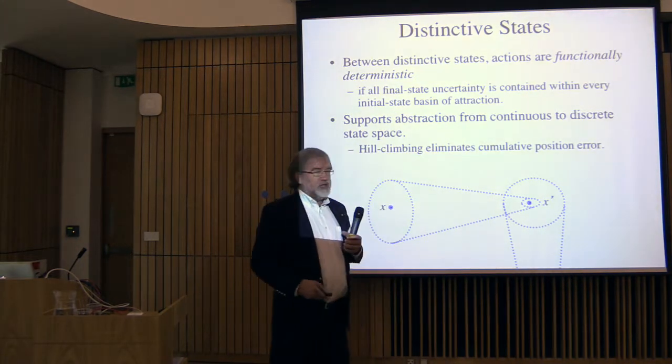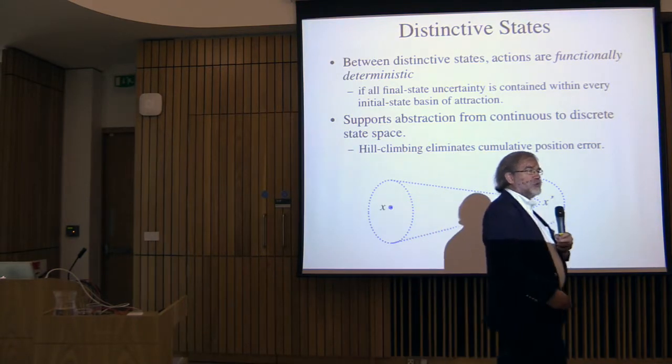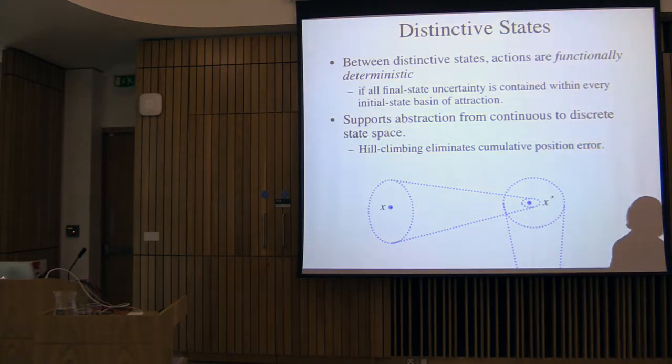Now, an interesting thing here is that, as I pointed out, following control laws is always error-prone. You're going to accumulate a certain amount of error, but as long as that error is controlled enough so that it intersects with the basin of attraction of the destination distinctive state, then you can hill climb, you can eliminate the cumulative error.